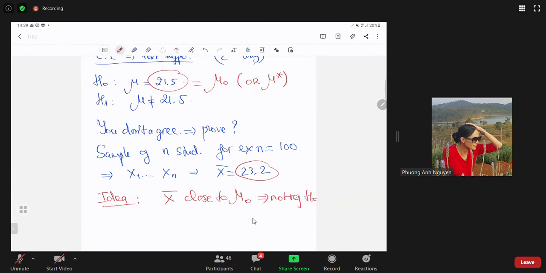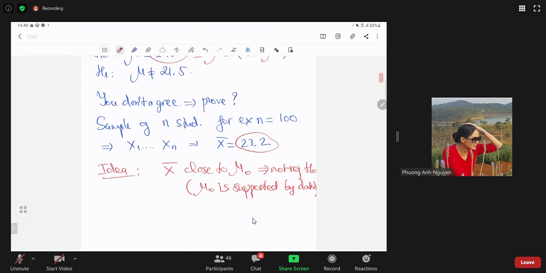It means that the value is close, so H0 is supported by the data. So the value of mu zero is supported by the data.